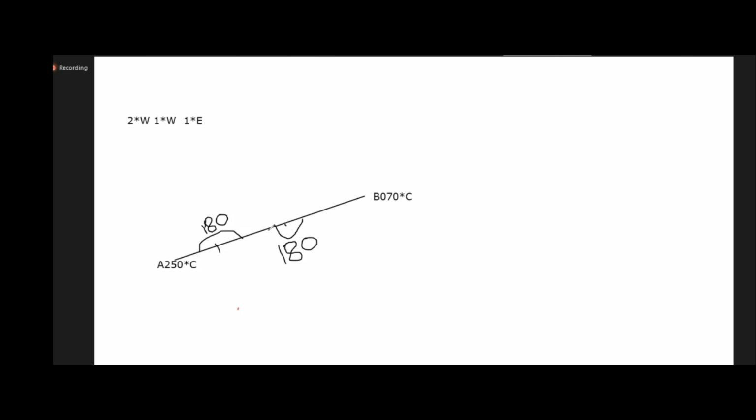Sir, when theta equals 90, please tell me once again. If theta is 90, there are two lines, B and C. B's bearing is 020 compass, not true, and C's is your 110 compass.